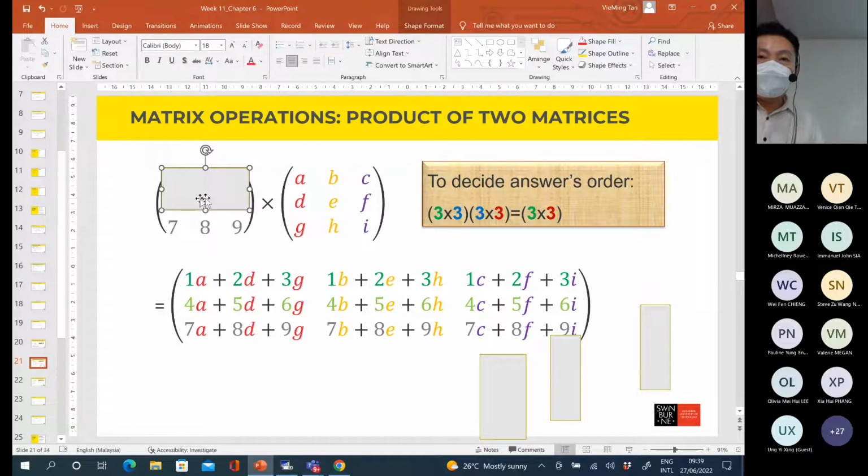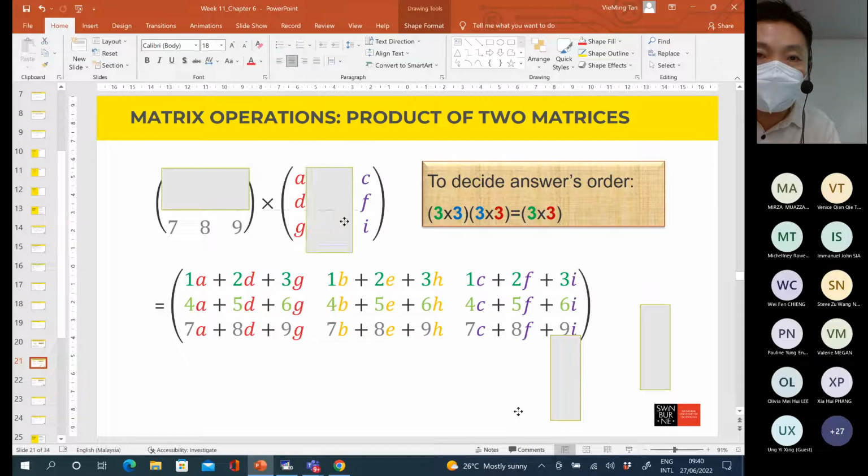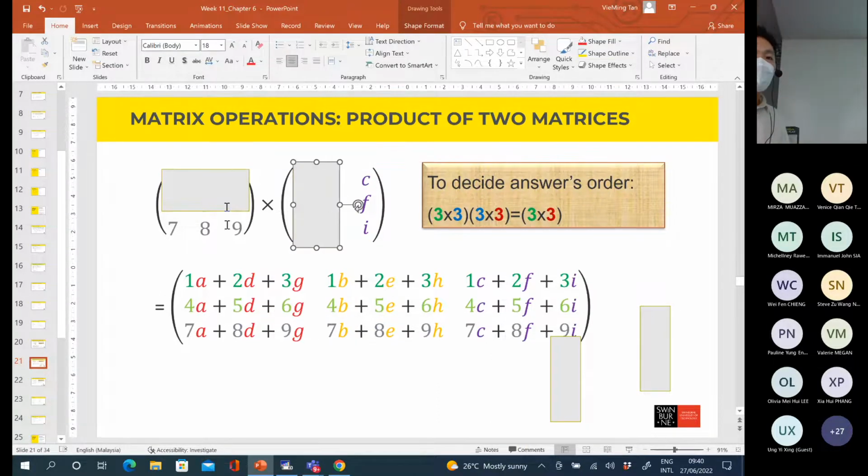And then show the elements for the third column of the second matrix, which is this one. So we need to hide the first two columns. Then we show the third row of the first matrix and the third column of the second matrix.